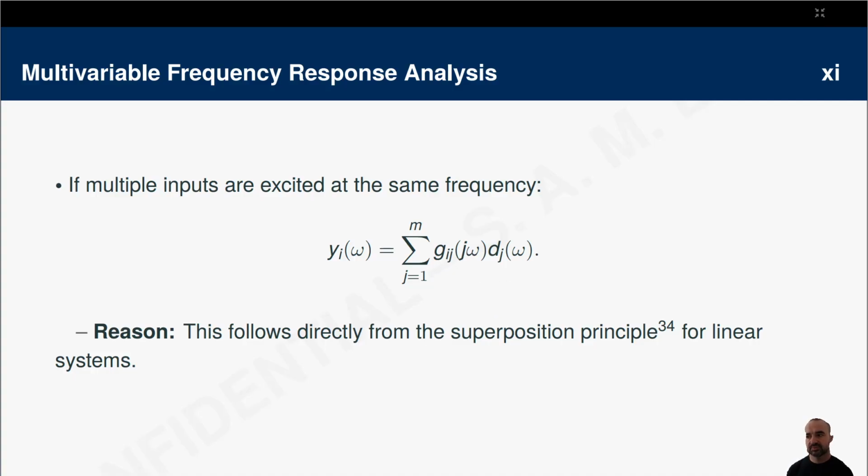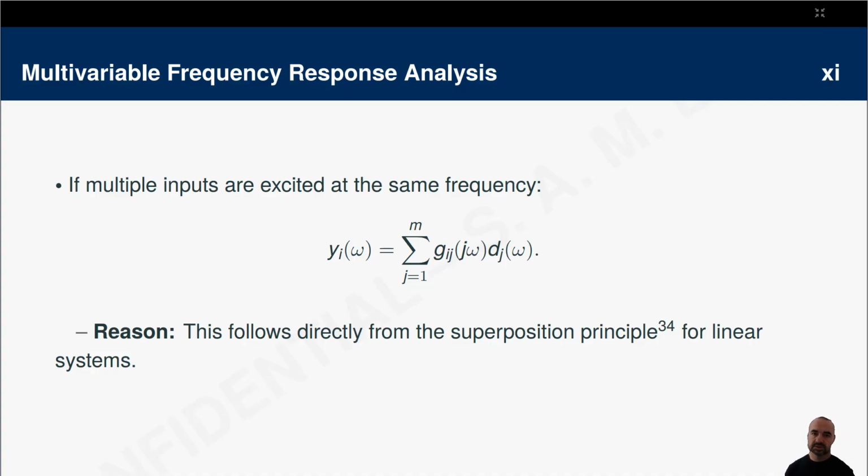So for example, we can expand this as sigma over g_ij(j omega) d_j(omega). The first one becomes g_i1 d_1(omega), and then we have the second term, which is added to the first term, g_i2(j omega) d_2(omega). So this is essentially superposition, which does apply to linear systems.